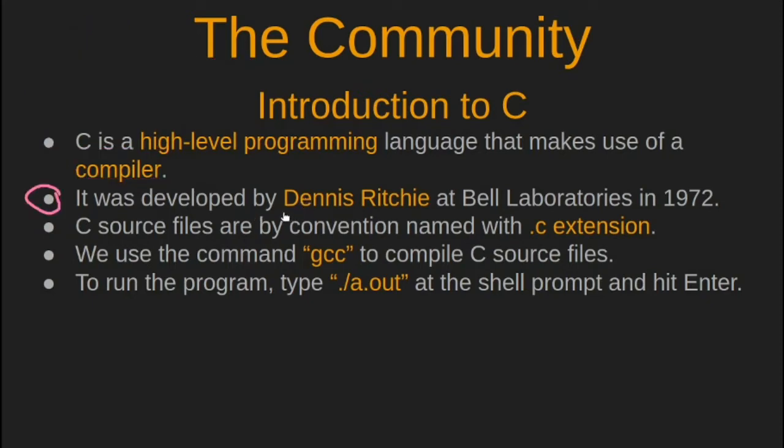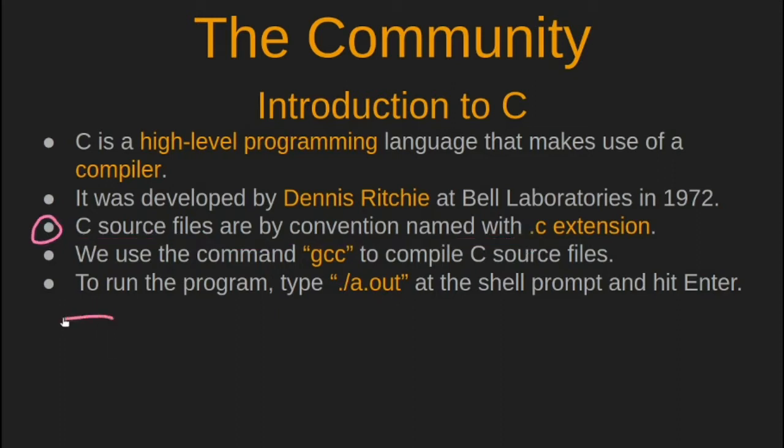This programming language was developed by Dennis Ritchie at Bell Laboratories in the year 1972. Whenever we write a C program, we always save the source file with a .c extension.